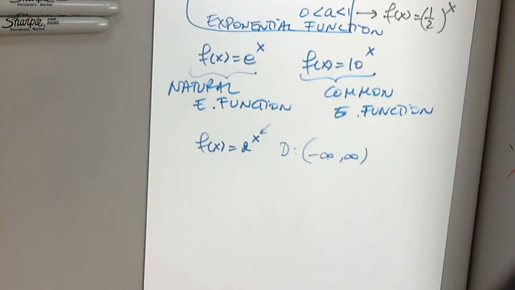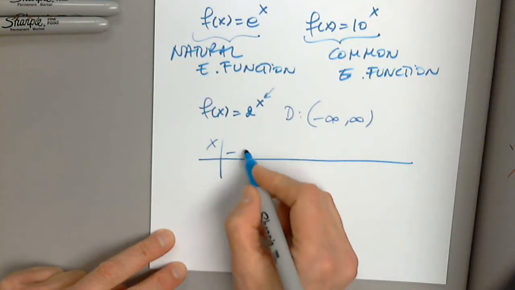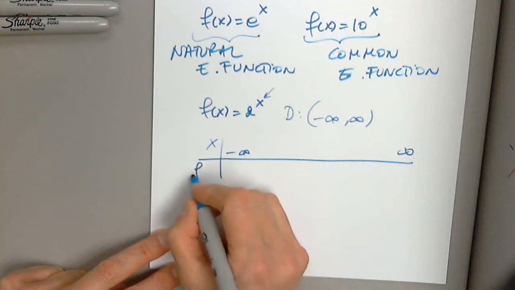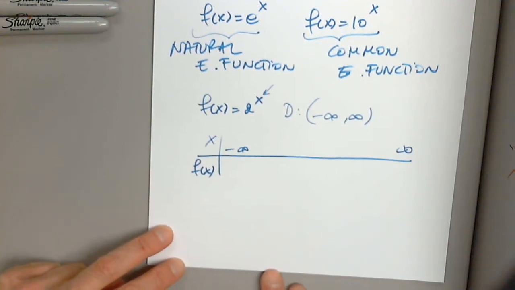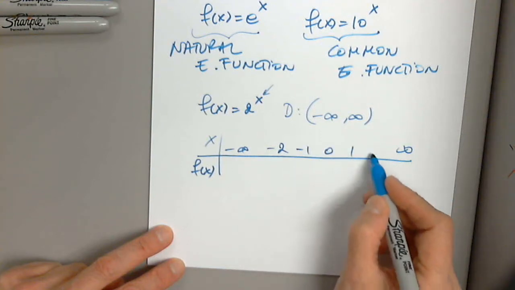When we graph it, do you remember how to graph this, or do I have to show step by step? Do we remember this graph? It's okay if you say no. Okay, very good. So let's look at x, domain negative infinity to infinity, and f of x. Let's pick some numbers: -2, -1, 0, 1, and 2.